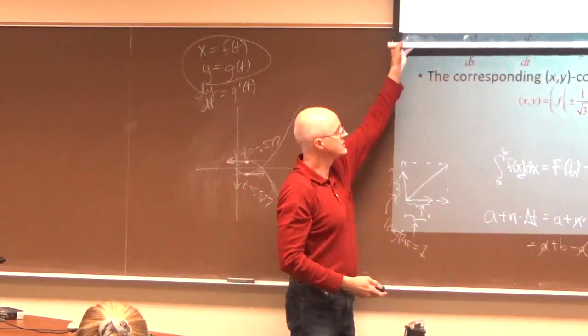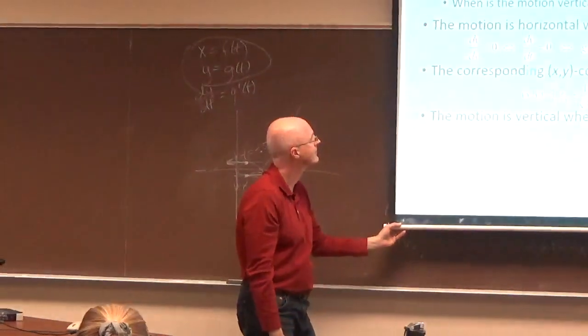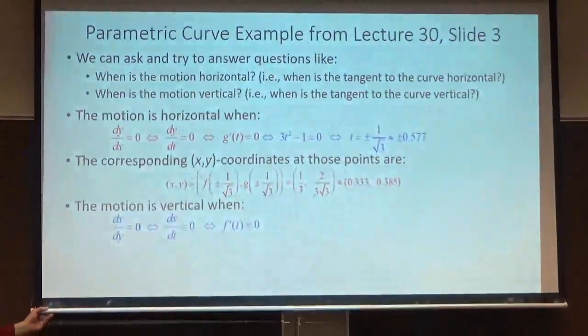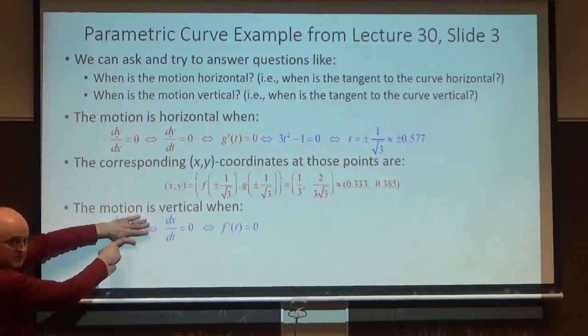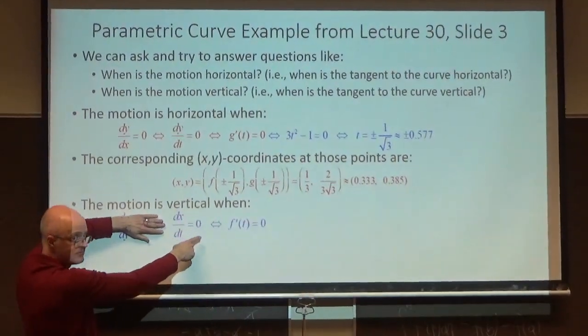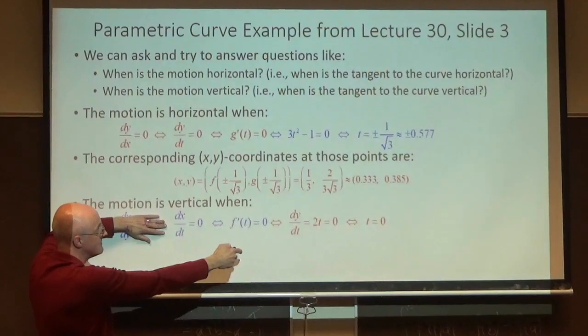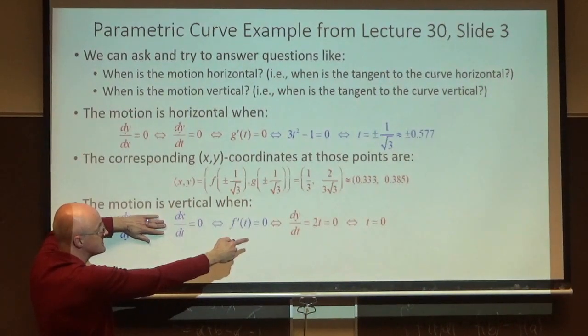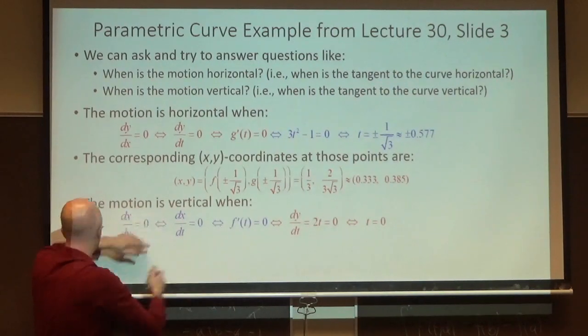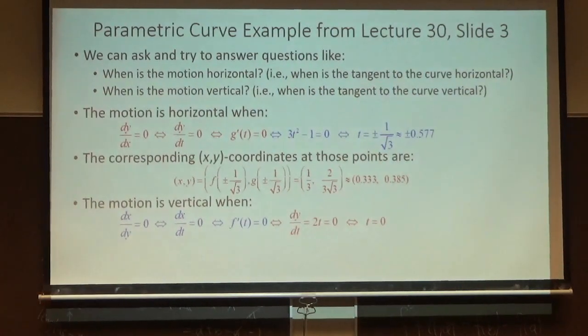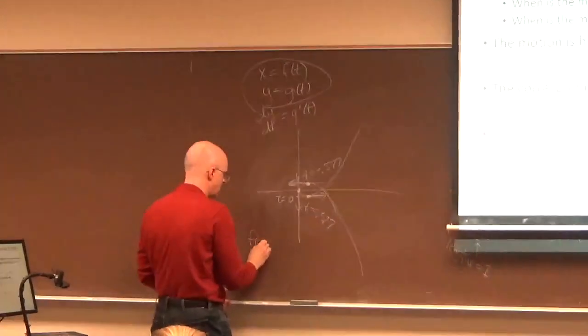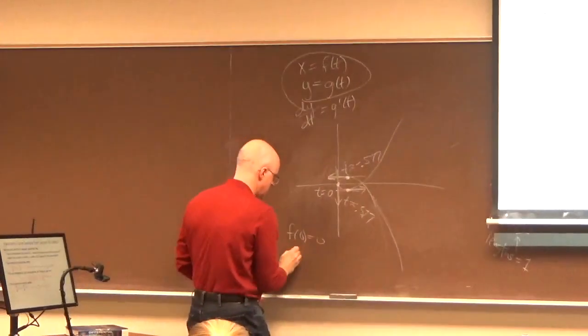As far as vertical motion goes, dx/dt has to be 0. Ignore this at first. dx/dt has to be 0, meaning f prime of t is 0. f of t was t squared, so f prime of t is 2t. That's 0 when t is 0. You got vertical motion right here. t is 0 right there, and you're at the origin right there. f of 0 and g of 0 were both 0.